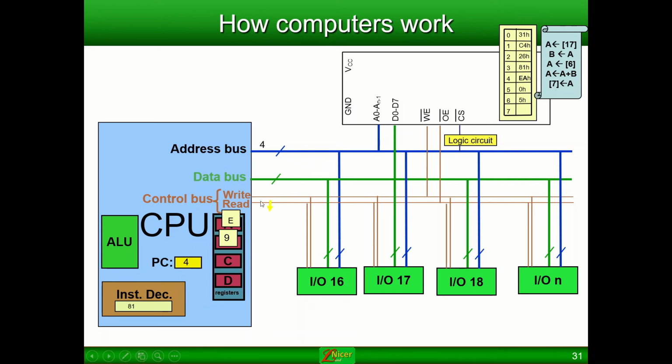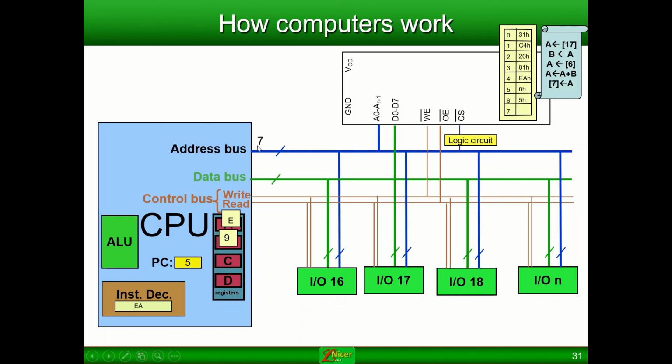EAH will flow from our memory circuit to the instruction decoder. The instruction decoder will decode this instruction, and the program counter will also be updated for the next instruction.